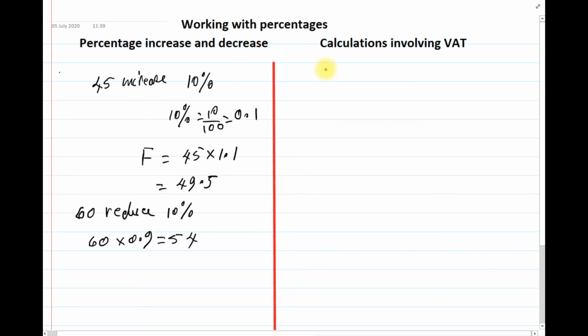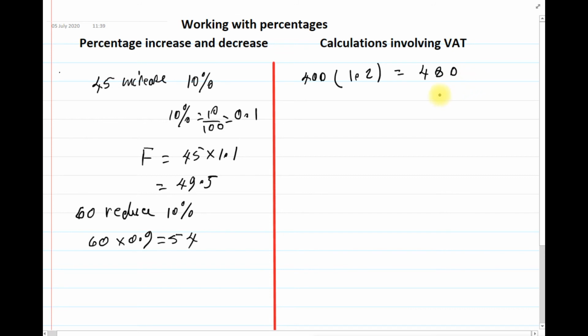But let's, for argument's sake, say the price doesn't include VAT. So to work out the VAT on it, if the price of an object is £400 and the rate of VAT is 20%, the final price would be 400 times 1.2, which will be £480, which is the price including VAT.